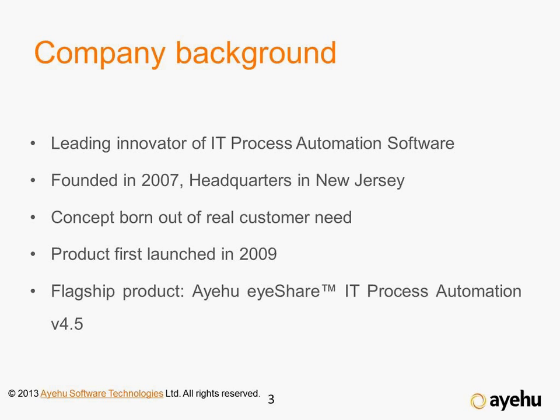Necessity is the mother of invention, as they say, and that was certainly true in our case, where our IT process automation tool was built to address some real needs. The first commercial version of the product was launched in 2009, and we most recently delivered version 4.5, with a lot of functionality in the latest version that we're going to tell you all about.